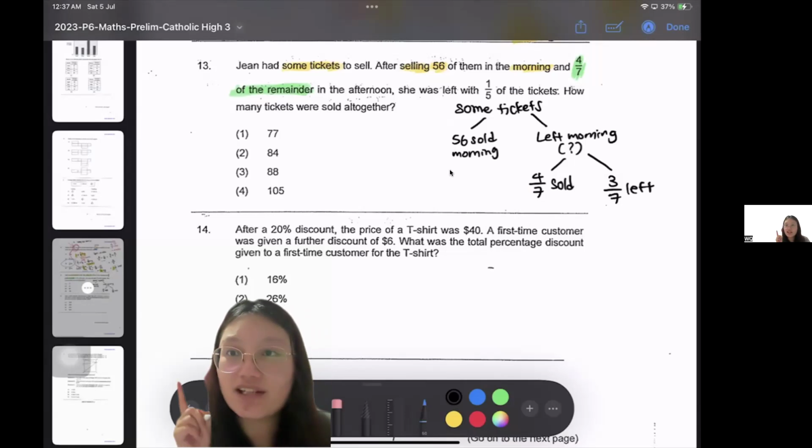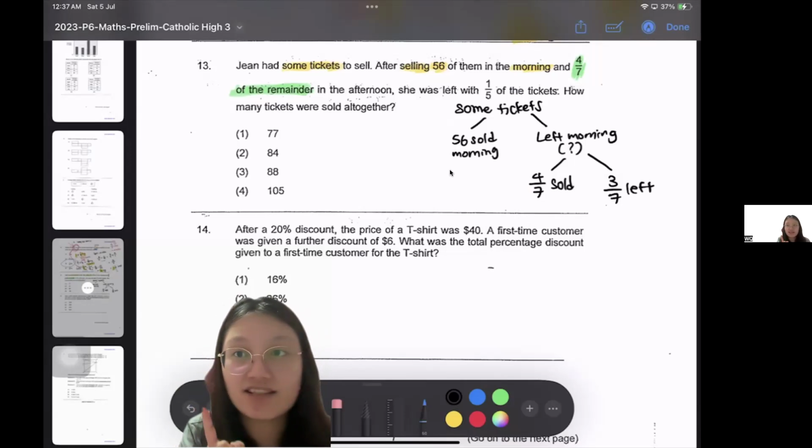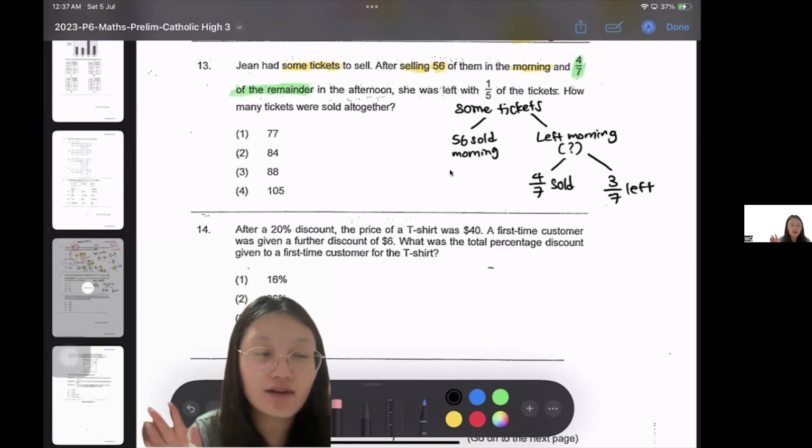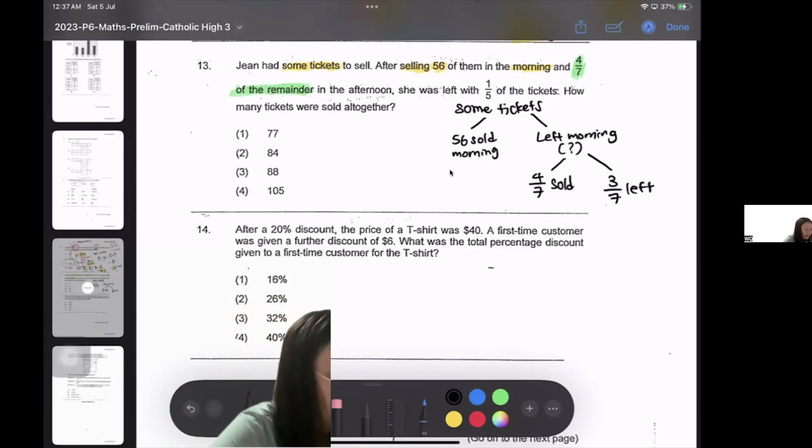Then now let's look at the third sentence. The third sentence will give you a hint on how to answer the question. Usually the third sentence is very important. So the third sentence says that she was left with 1/5 of the tickets.